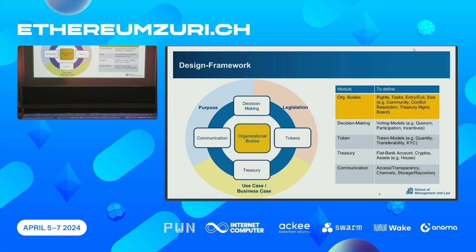And then a crucial part in how to actually enhance decision-making is setting up communication channels and actually enabling access throughout the community. So everyone within the community needs to know where the information is stored, needs to have access to the information, and also needs a transparent communication channel to be able to take part within the processes of the DAO.